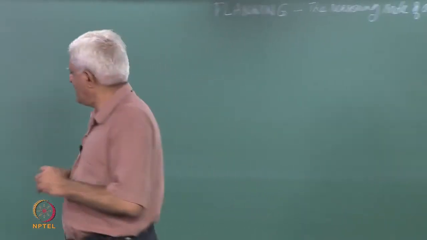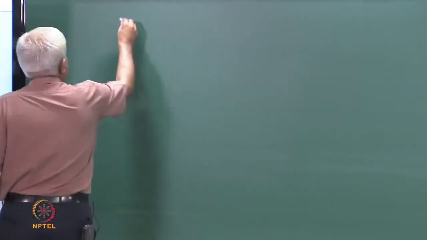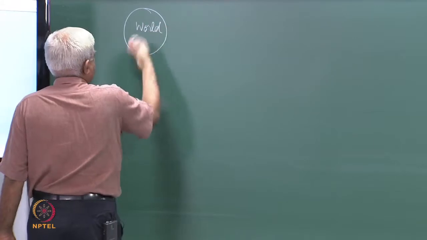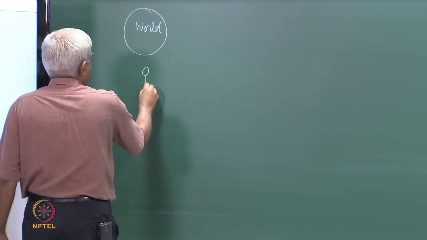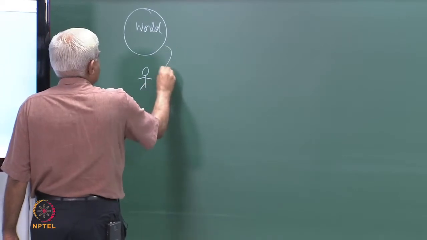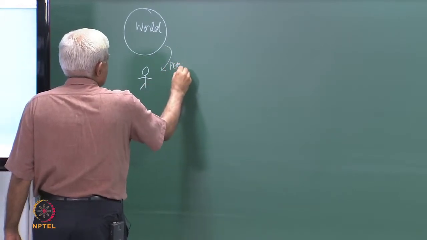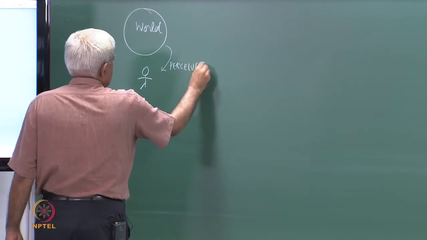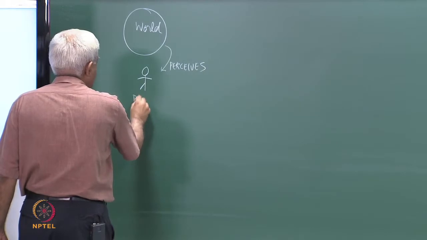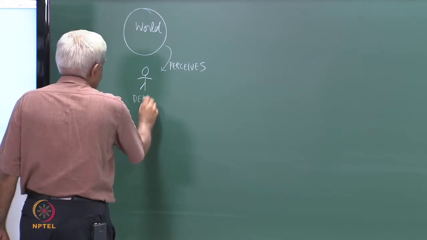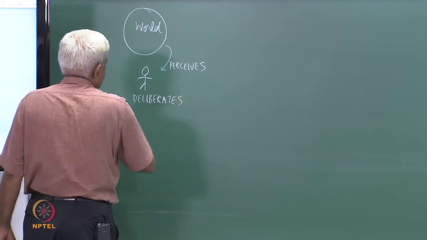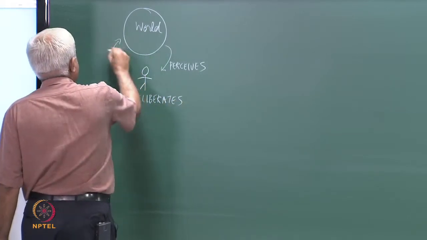Now, just imagine an agent. So, this is the world and the agent inside the world, but we will draw it here. He perceives the world and presumably deliberates and then acts.